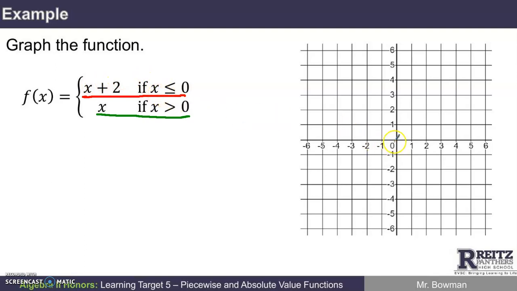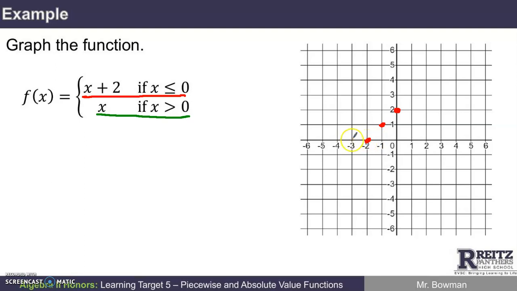So let's start over here at x equals 0. And if x is 0, 0 plus 2 is 2. And since this part of the graph includes that point, this time I want to make the filled in dot. And I'll work my way backwards for all the other x's that are less than 0. If x is negative 1, plus 2 is 1. If x is negative 2, plus 2 is 0.